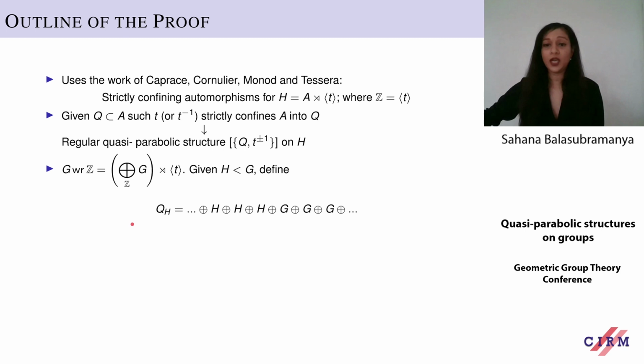So I define Q_H, which has this structure, and I think of this as starting at index 0, I am allowed to have elements of my full group, but on all the negative indices, I only allow myself to put in elements of H. And Q prime of H is going to be the mirror image. So now starting from index 0 all the way to the left, I have the full group. But on the positive indices, I only allow elements of H.